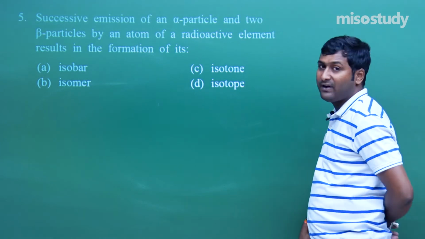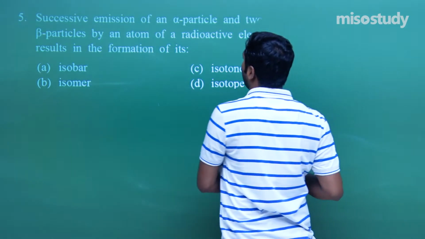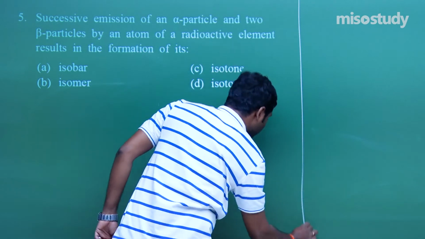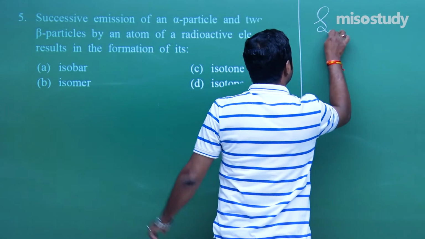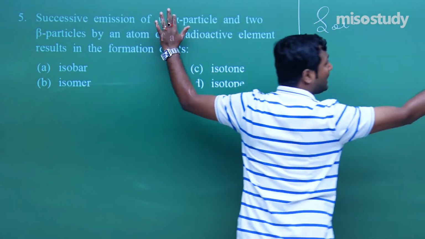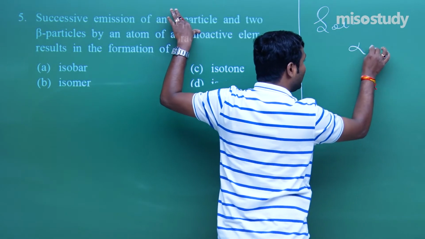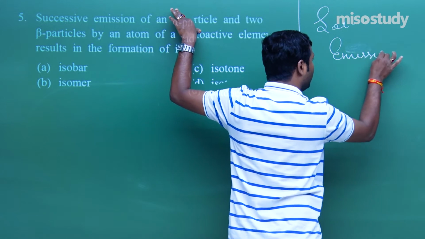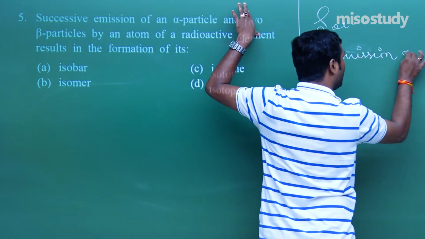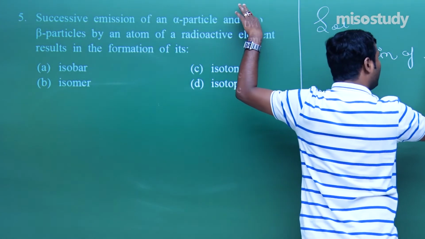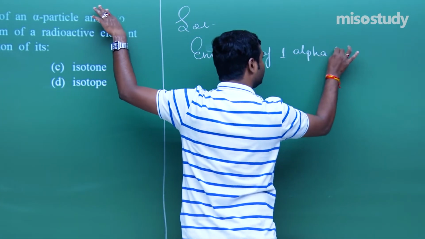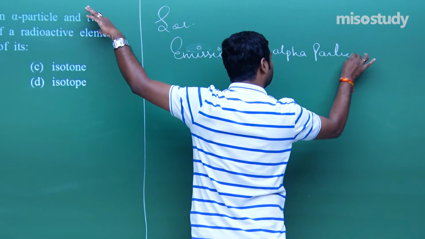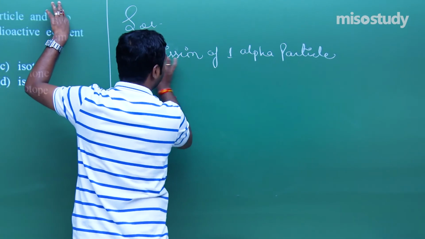Question number 5, check it out. Successive emission of an alpha particle and two beta particles. What is given here? If there is emission of one alpha particle, then what will happen, friend?